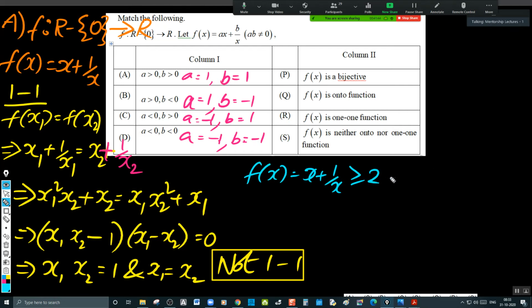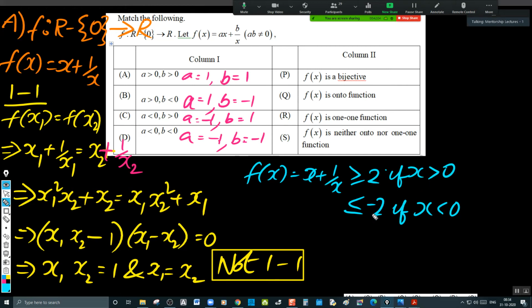ओ प्रथमेश ये क्या बोल रहा है? Is greater than or equal to 2 if x is greater than 0 बोल रहा है. ये तो ठीक है. Is less than or equal to minus 2 if x is less than 0 बोल रहा है. This is also very good. Very nice understanding here.